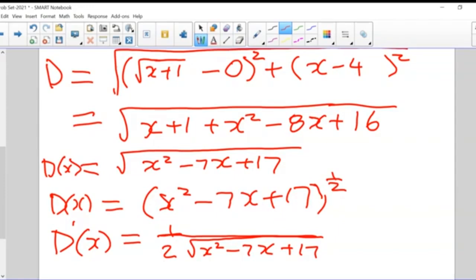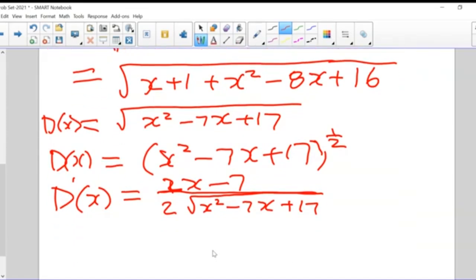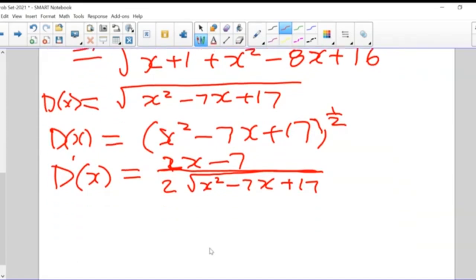And on top you're going to have the derivative, which is 2x minus 7. I hope everybody's okay with that. The top is 1 times the 2x minus 7, so it's simply 2x minus 7. So we now have to set this equal to 0.